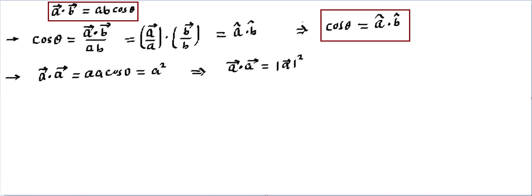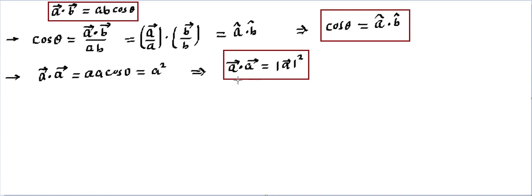So another important property of dot product is that when a vector undergoes dot product with itself, the answer is that vector's magnitude square. Making sense or not? So cos theta, that means we can find the theta, the angle between two vectors, if we are able to perform the dot product. And dot product of a vector by itself is the magnitude of that vector square.